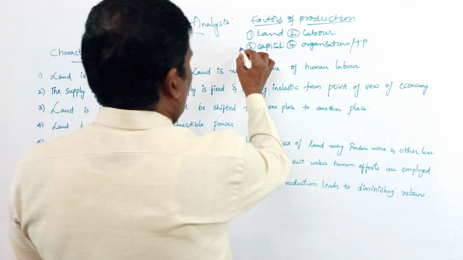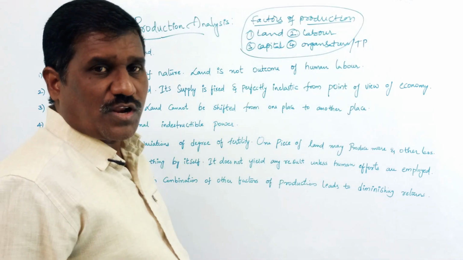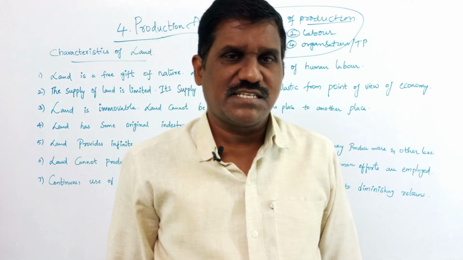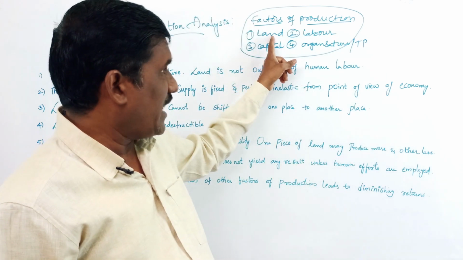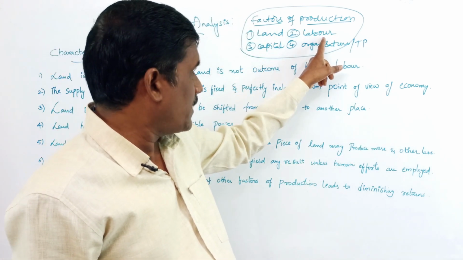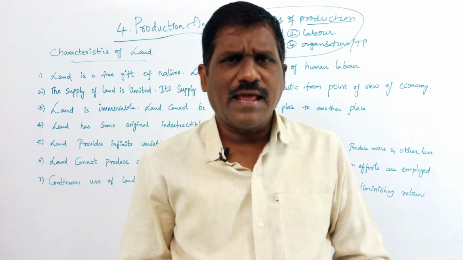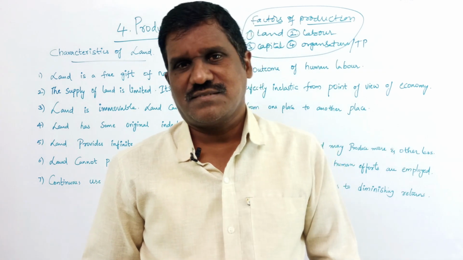So these four are called factors of production. Try to understand. What are the characteristics of factors of production? What are the features of land, labor, capital and organization? We are going to analyze the four factors of production in detail.